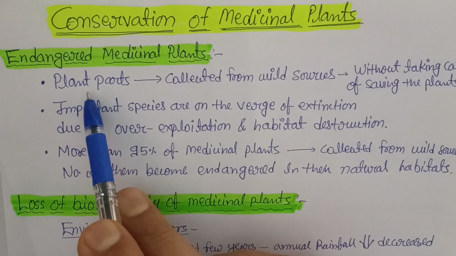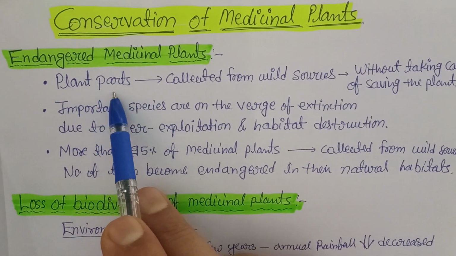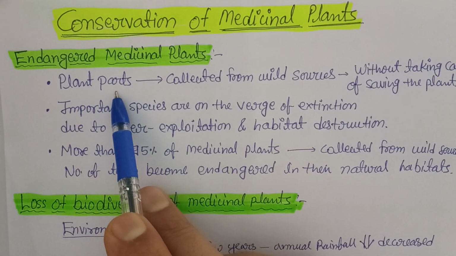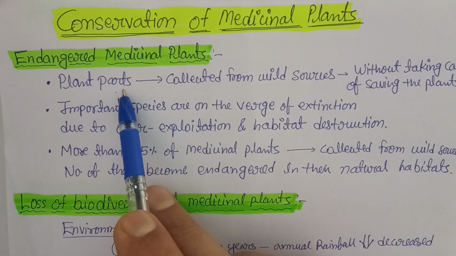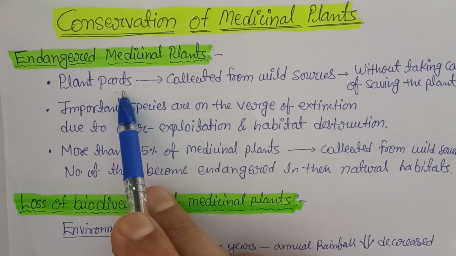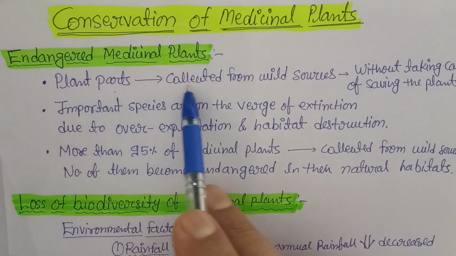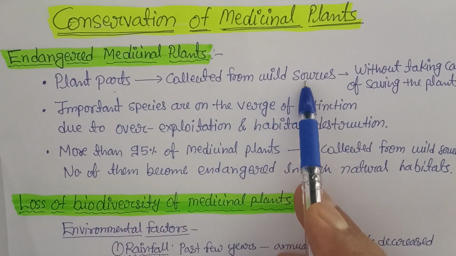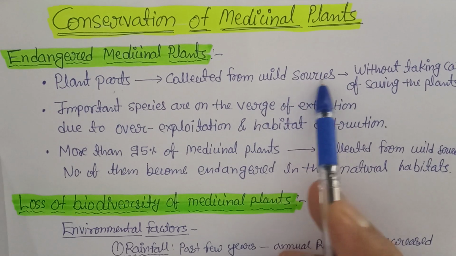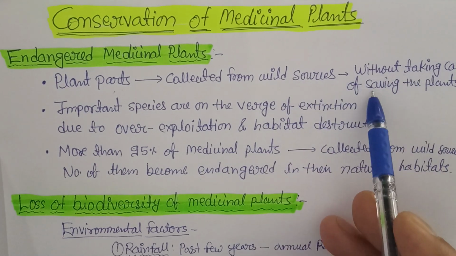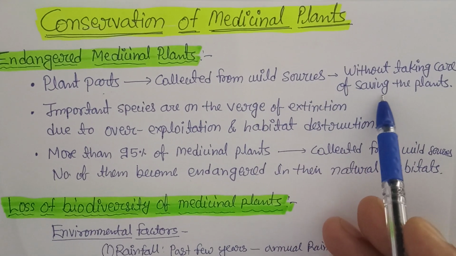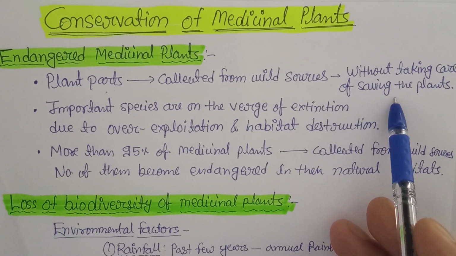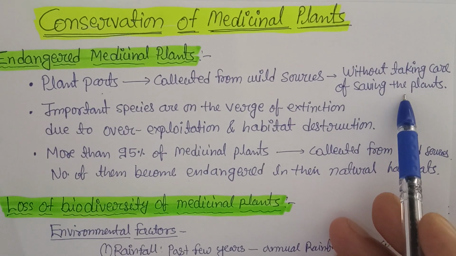We use different plant parts, maybe root, stem, fruit, flower, bark, oils, extracts, latex. These have been collected from wild sources frequently for the last few decades, without taking care of saving medicinal plants, right? We have not even thought about what will happen if these plants become invisible from the planet.